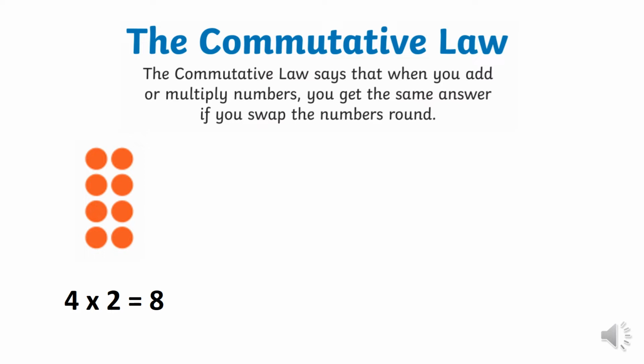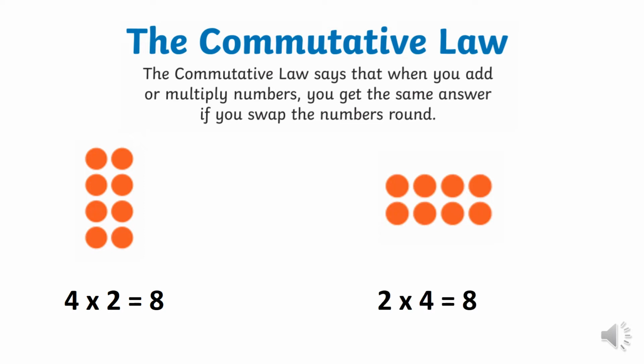And you can see my arrays are organised like that. But if I organise them like this instead, I can still write 2 times 4, and the product, the answer, is still 8. So 4 times 2 equals 8, 2 times 4 equals 8. I can swap around those parts and my answer stays the same. So multiplication is commutative.